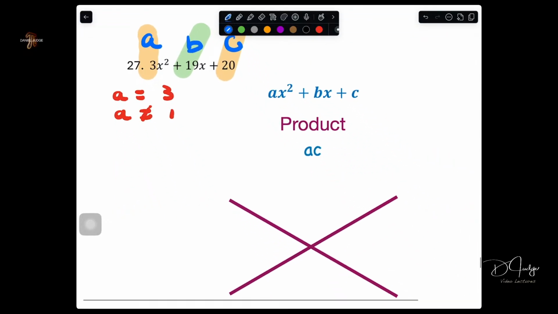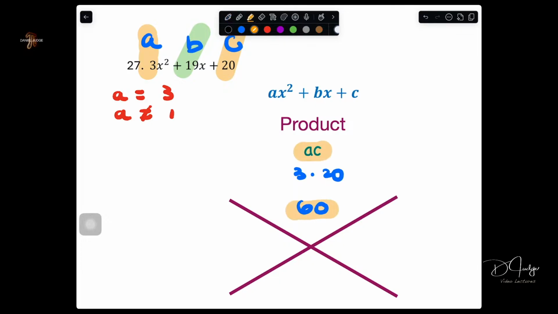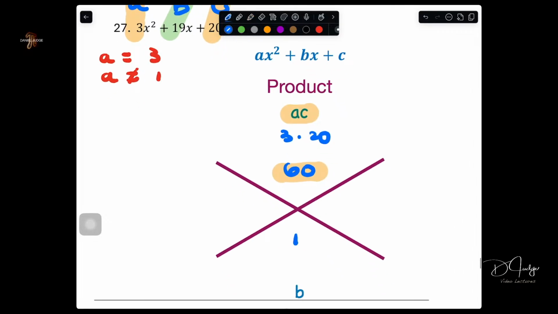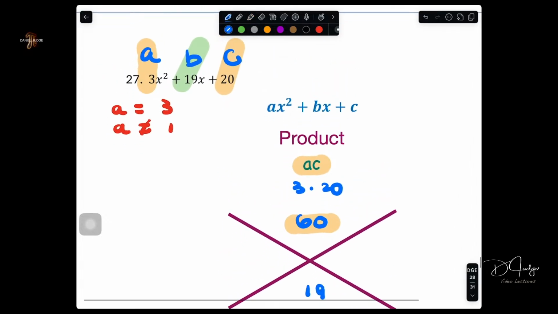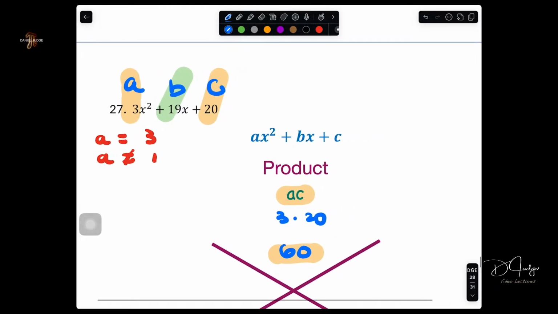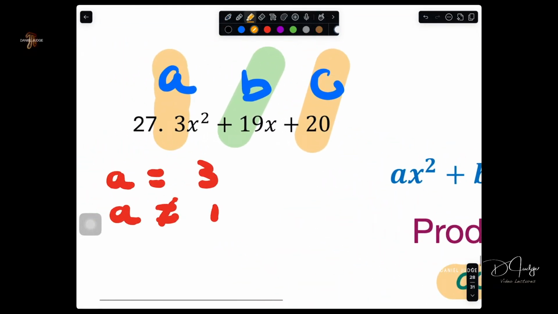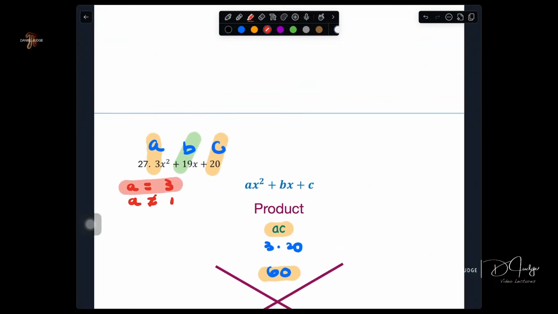Three times 20 will give you 60. The B value now is 19 just by looking at that. So we just look at this and say, oh, B is 19. Okay, it's going to emphasize that A is 3.